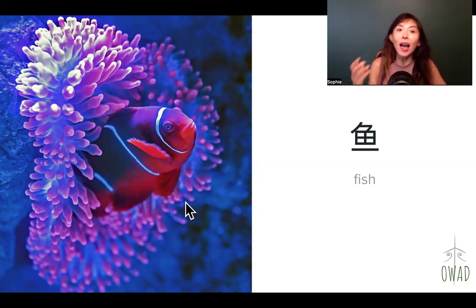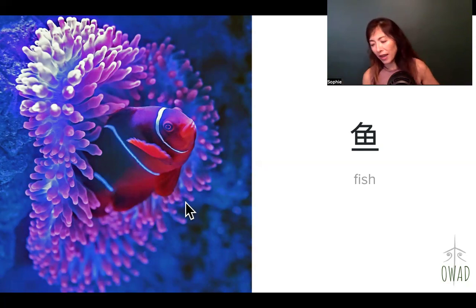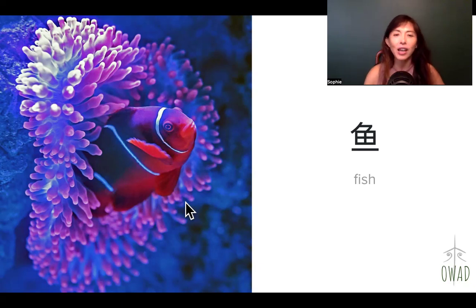You have to choose one type of fish to represent the whole fish, right? That's my challenge here. I just happened to come across this Nemo look-alike fish that's so cute to represent fish, but I want to point out that in the Chinese mind, fish, mostly food, looks different. It's not this type of aesthetic fish. It's nutritious fish.